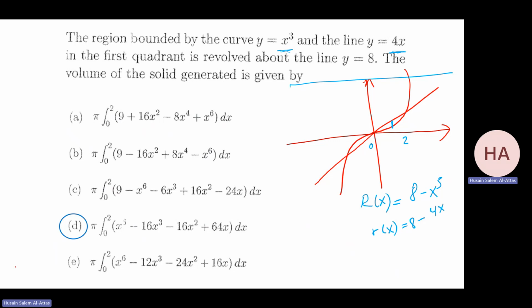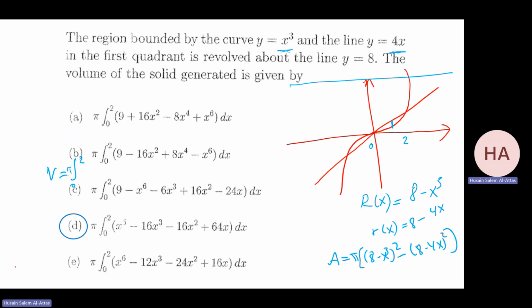Okay, so the volume, yeah, so I think there's calculation. Let me write it here. The volume will be the integral from 0 to 2 of what? And the area will be this square minus this square. Now the calculation.